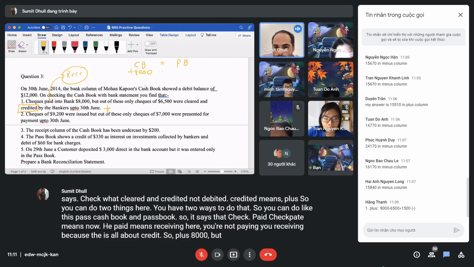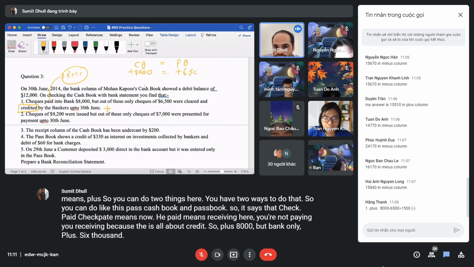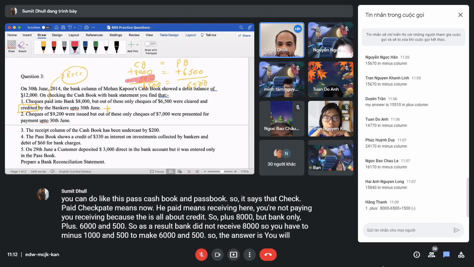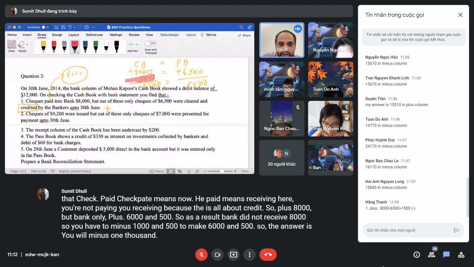But the bank only plus 6,500. So as a result, the bank did not receive 8,000. So you have to minus 1,500 to make 6,500. So the answer is, you will minus 1,500.